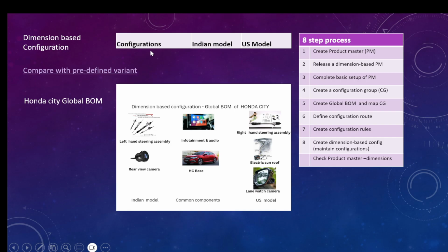As I want to create a product variant with the Indian model and US model, but use the same set of global BOM, what I've done is I have categorized a few attributes of my product master specific to the Indian model and a different set specific to the US model of Honda City.